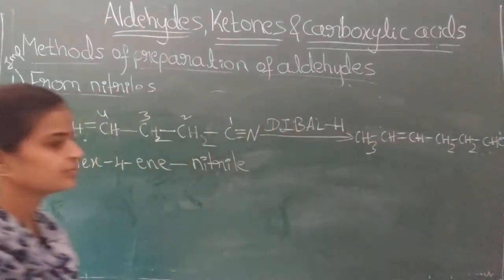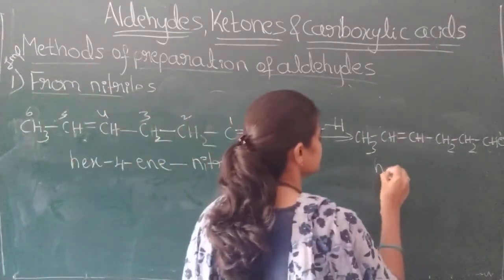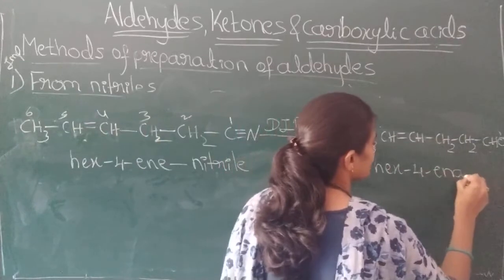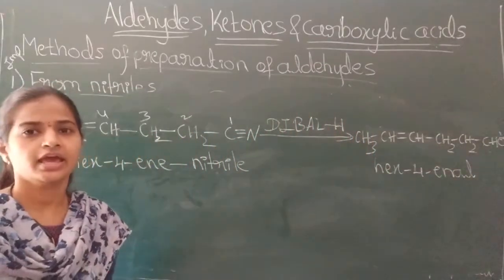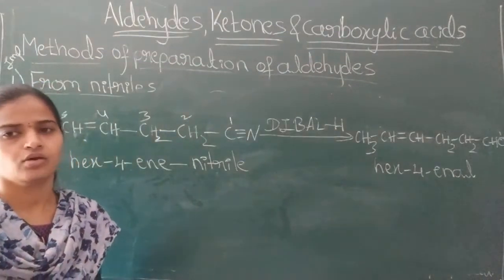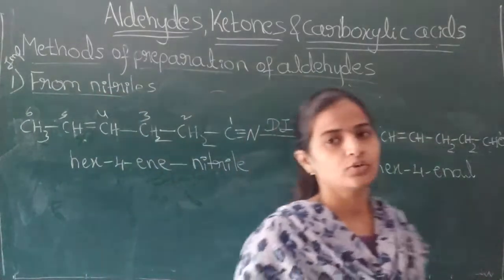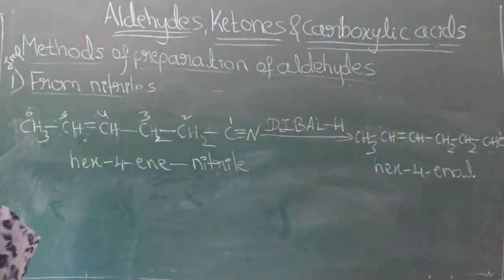So write the name of the product: it is hex-3-enal. The last E is replaced by the secondary suffix al. I told you always the aldehyde group will be at the terminal, so that carbon atom is considered as the first carbon atom.